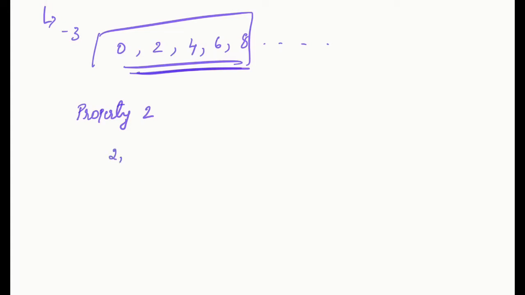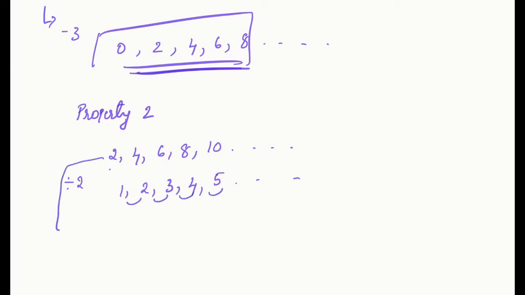Similarly, if I am taking an AP as 2, 4, 6, 8, 10, etc. I am dividing the whole AP by 2. What I get? 1, 2, 3, 4, 5. Okay, you can see again this is an AP.